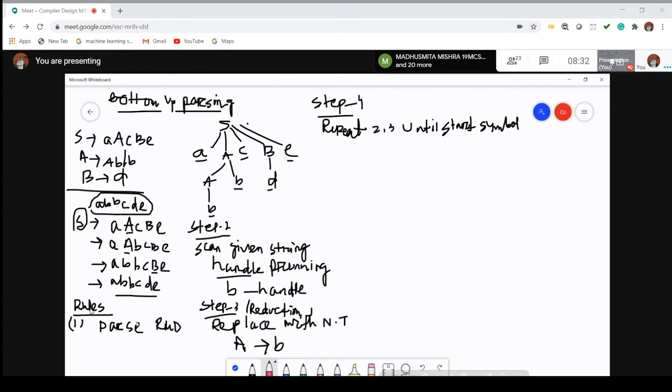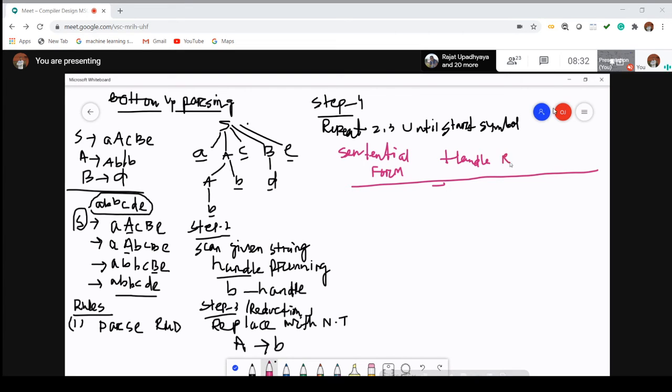Now let us consider that same example and see how we can solve that problem by using bottom-up parsing. We have to make a table for this. First is the sentential form. Second we call the handle.